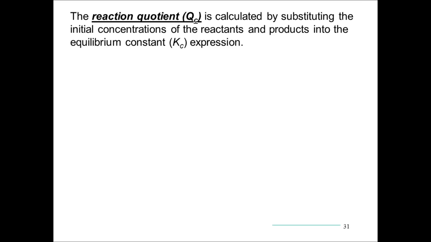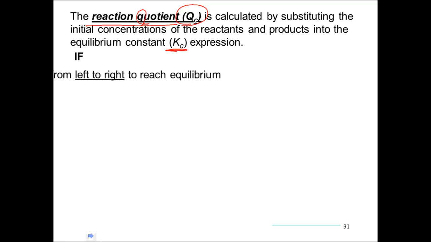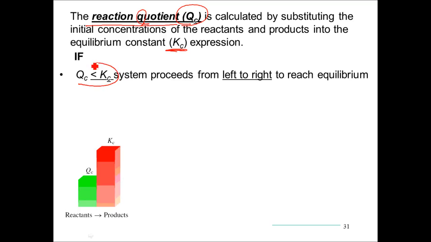On slide 31, the reaction quotient, Qc, is calculated by substituting the initial concentrations of the reactants and products into our Kc expression. So if Qc is less than our equilibrium constant, then the equilibrium is going to shift from the left to the right. We're going to get more products. Now this should make sense since Qc is the concentration of the products over the concentration of the reactants.